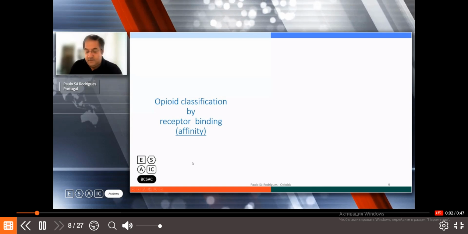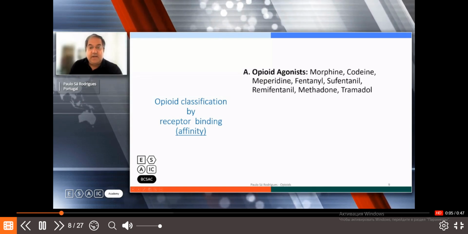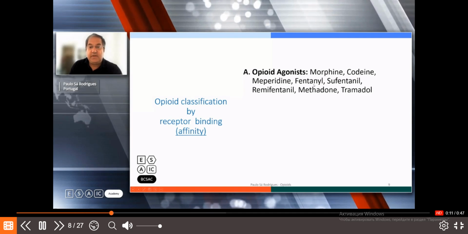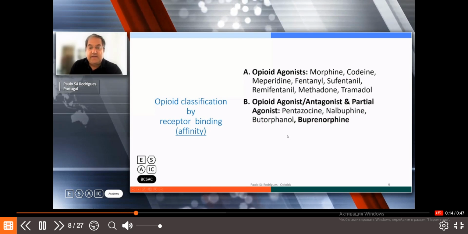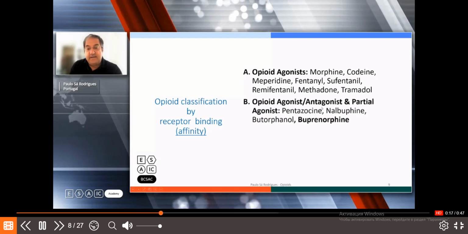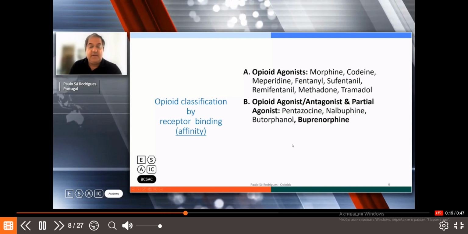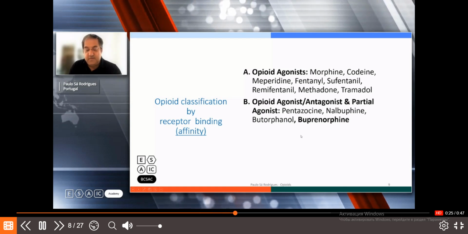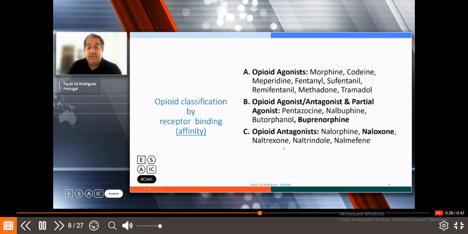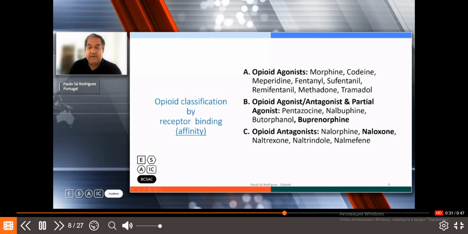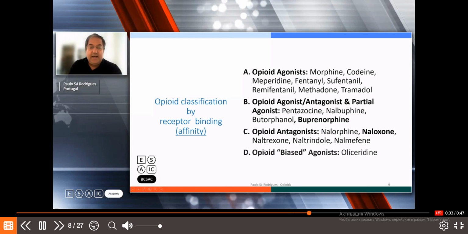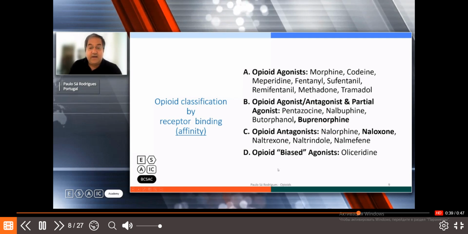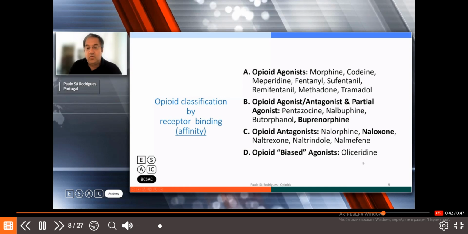Regarding the affinity for the receptors, they may be classified as agonists, so pure agonists, such as morphine, meperidine, fentanyl, etc. The ones that have agonist and antagonist or partial agonist effect, like buprenorphine that we use regularly. The ones that are total antagonists, like nalorphine, naloxone, naltrexone, and the ones that are nowadays classified as the biased agonists, such as oliceridine.